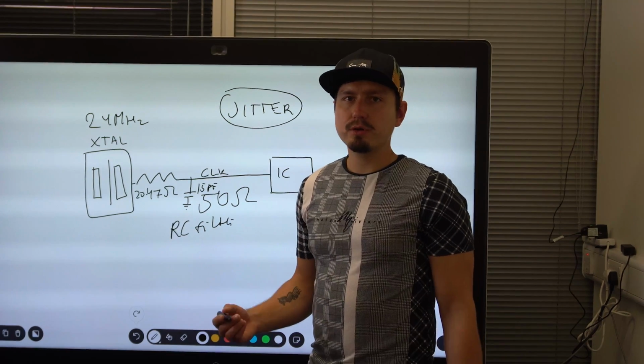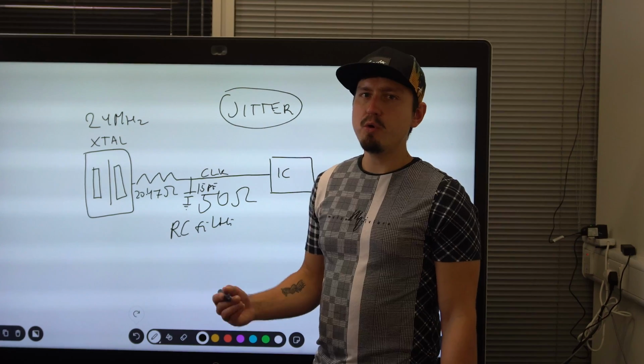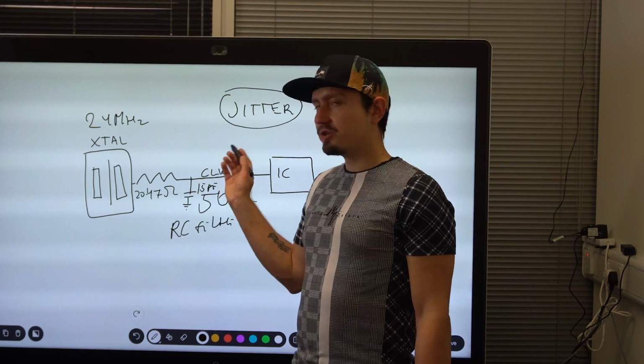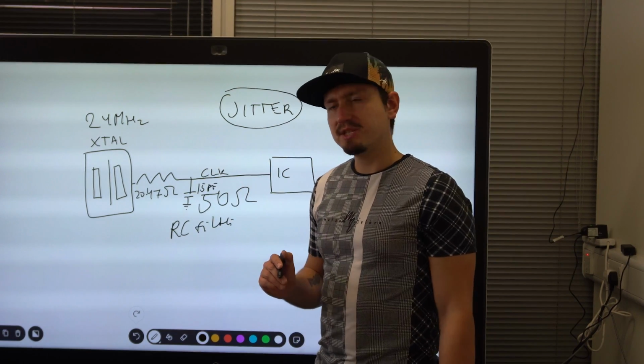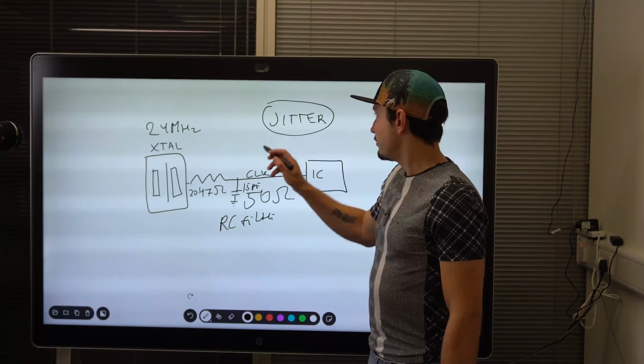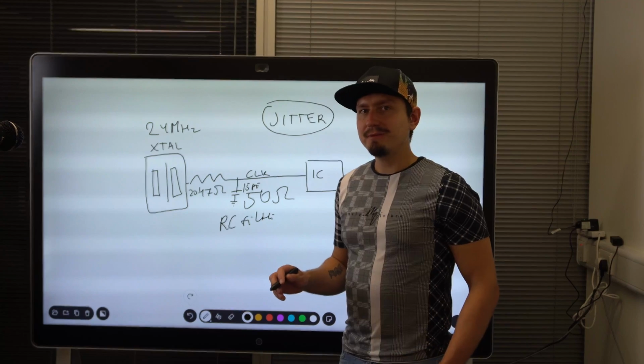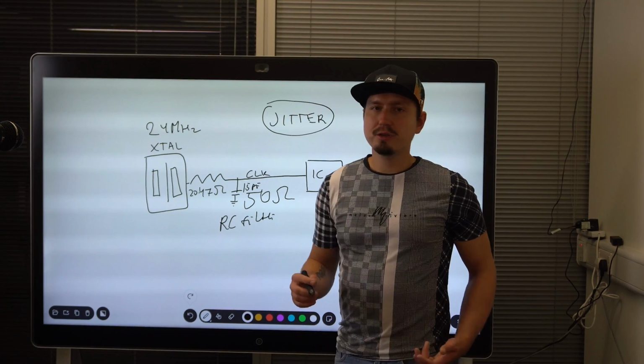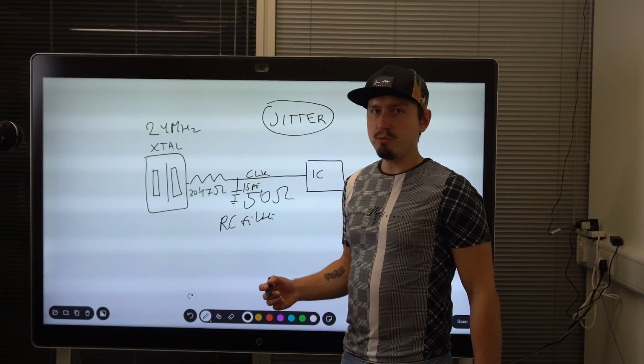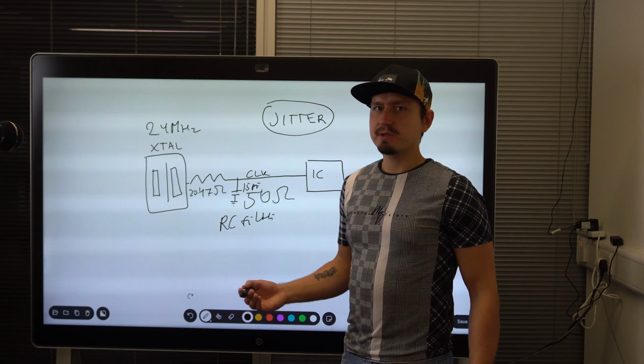This will reduce the clock edges even more, and eventually it will allow you to pass the EMC, but by that time your jitter is going to be quite significant, so it can compromise the performance of your audio system or system in general.